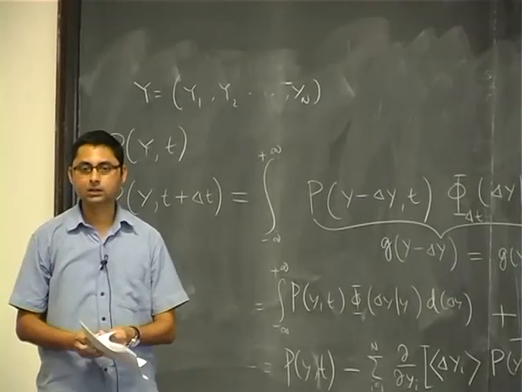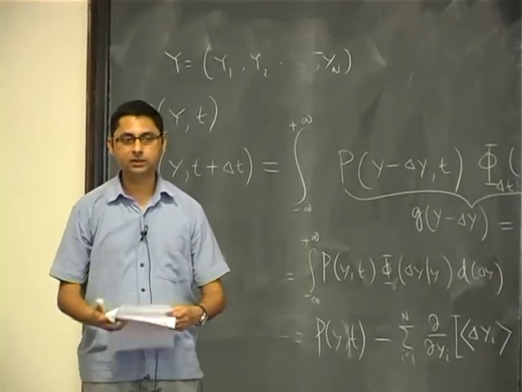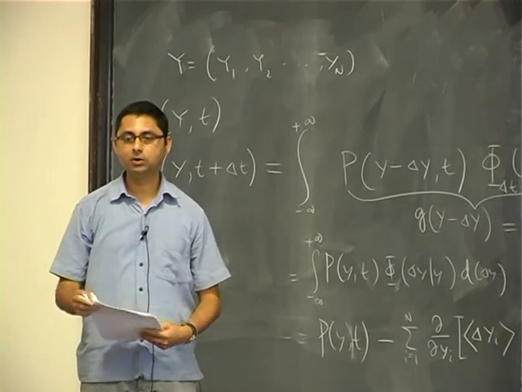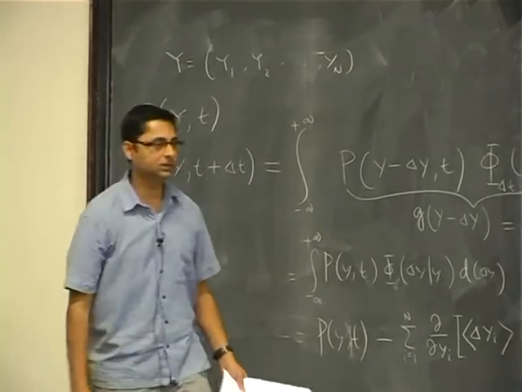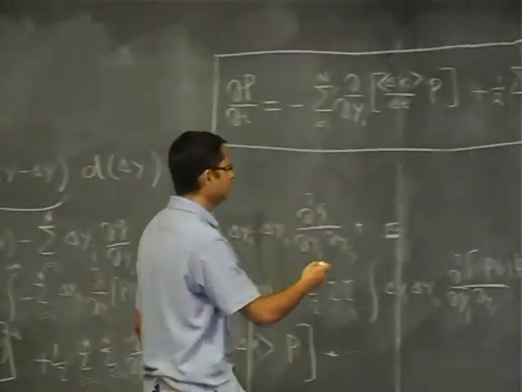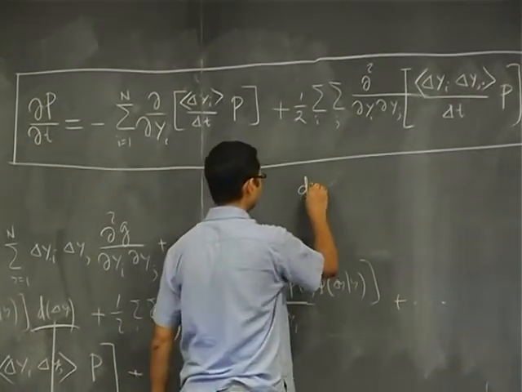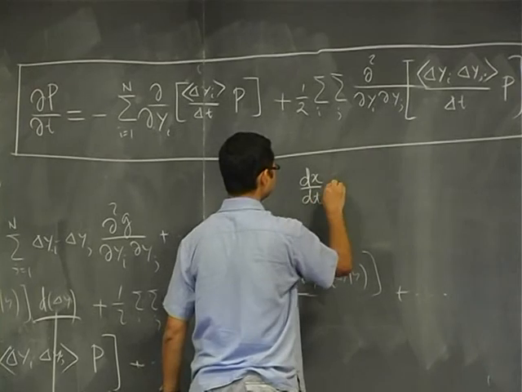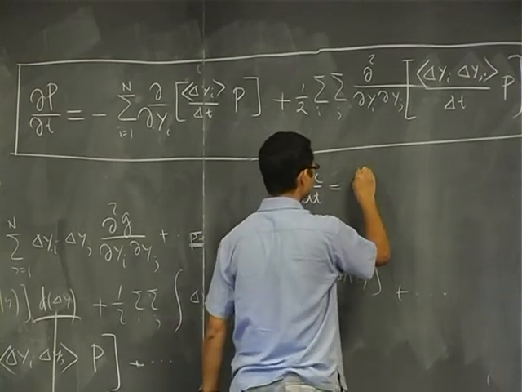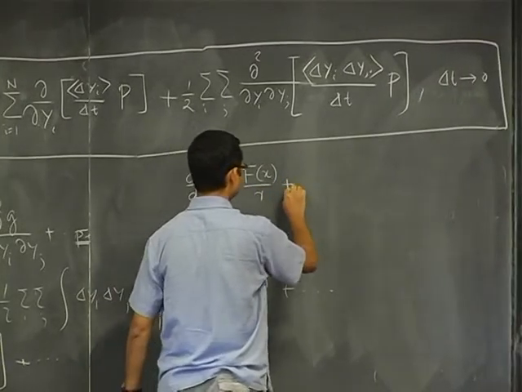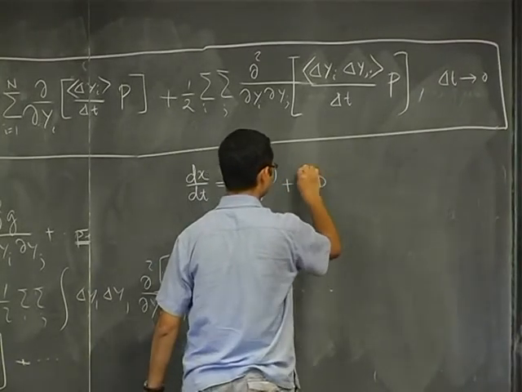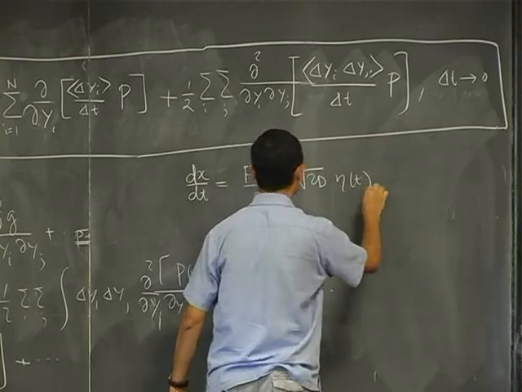Problem: derive the Fokker-Planck equation for an overdamped Brownian particle in an external field. So, what is the equation? Derive the Fokker-Planck equation for dx dt is equal to f of x over gamma plus square root of 2D times eta t, right.